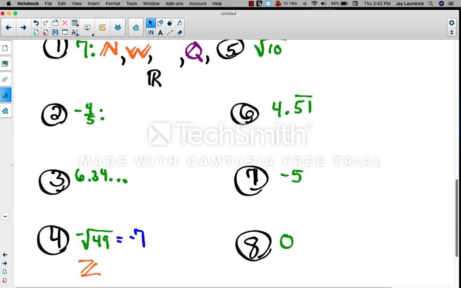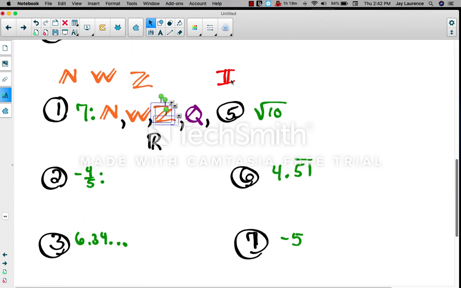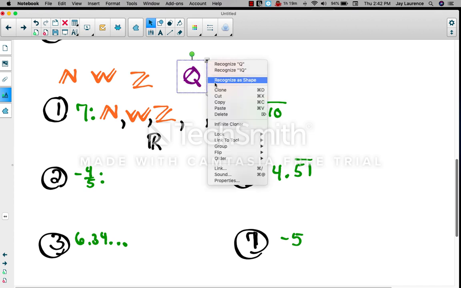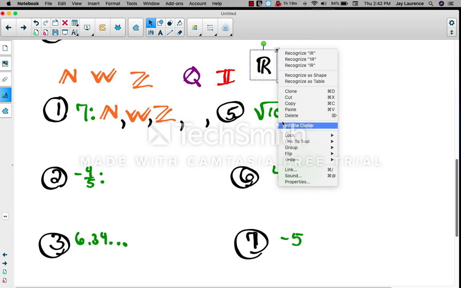Oops, I'm taking these from the wrong place. Silly Mr. Laurence. Kicks are for trids. All right. Oh, I didn't clone them. Is that why? That is exactly why. All right. Oops, I don't want to do that. Group it, and I'm going to infinitely clone it. And the real numbers, I'm going to infinitely clone.